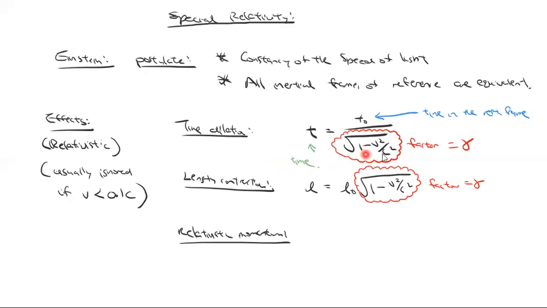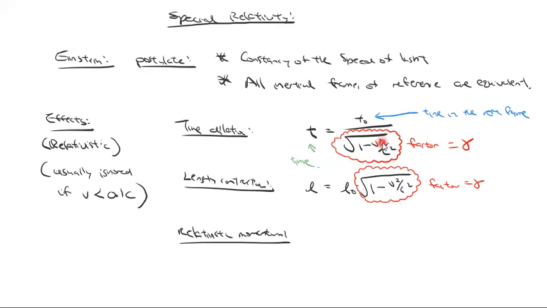Hopefully you can see that as velocity gets bigger, this fraction gets bigger, until c, because you can't get bigger than c. Okay, let me start again. As v gets bigger, v squared over c squared gets bigger.